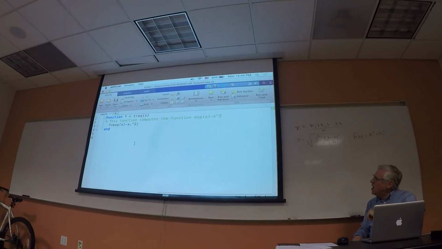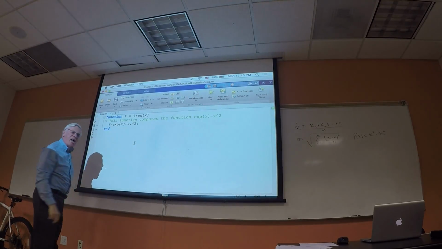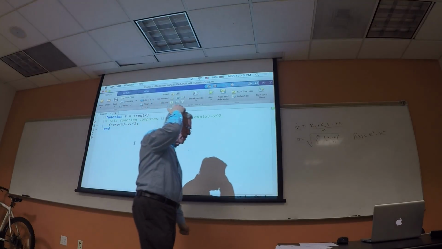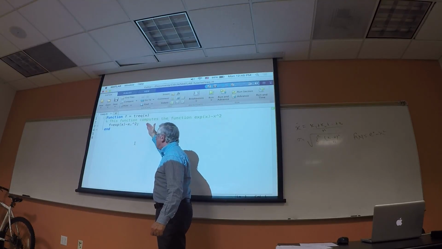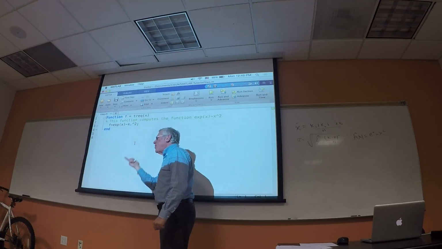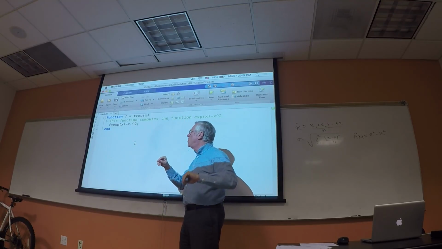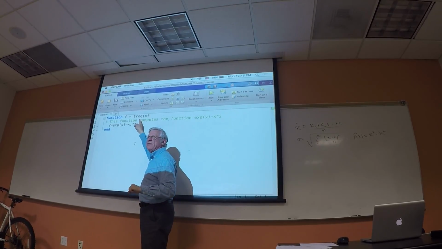Now, normally you would say, why not just have e to the x minus x squared? Why do I have a dot over there? The reason is that MATLAB is very efficient. Instead of calling this function that you want to drive to 0 over and over again with this value of x and that value of x, it looks at where the function is changing and comes in with a vector of x, maybe like 10 values.